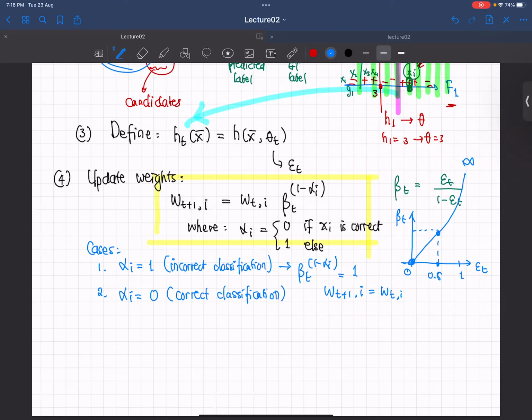And for example, epsilon_t is small, which means it's a good classifier. So your weak classifier is a good classifier and your sample is correctly classified. In this case, does w_{t+1} for that sample become smaller or larger? It becomes smaller.